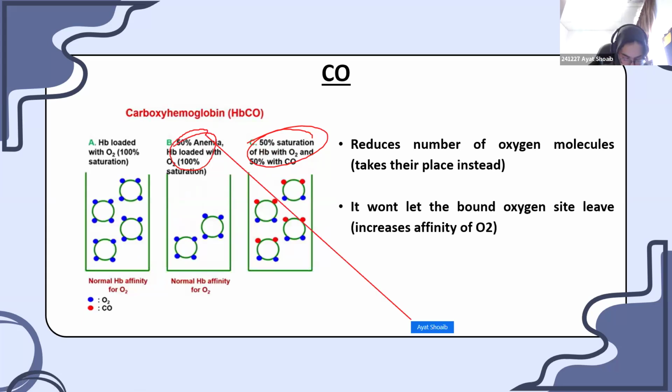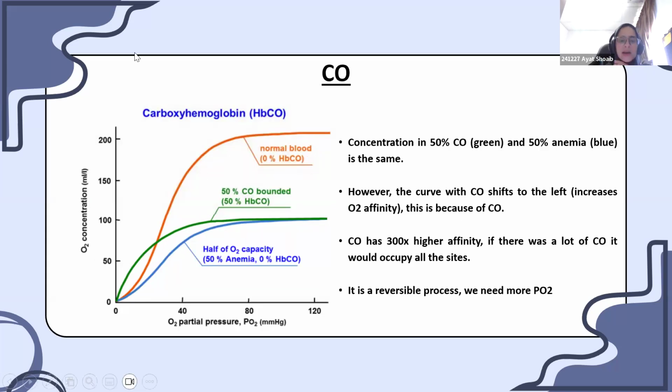In the anemia one, here, it basically went down because even though you can see that it still achieved a saturation, it went down. Why did it go down? Because in anemia you have fewer hemoglobin molecules, so even though there's going to be complete saturation, you can't bind as much as you were able to in the normal one because hemoglobin molecules are reduced overall, but it still attains a saturation.